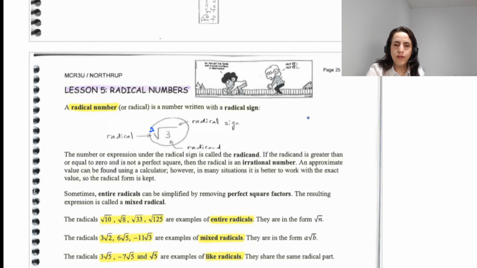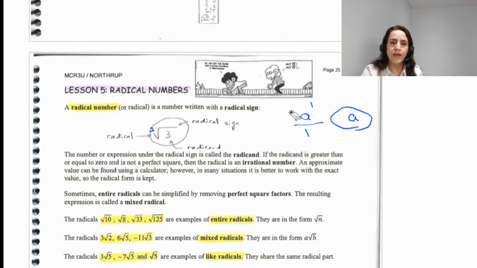Like when I'm talking about a number like a, when there is no exponent, everyone knows that the exponent is 1. If there is no denominator, everyone knows that the denominator is 1. No coefficient means 1. Then a by itself has exponent 1, coefficient 1, and denominator 1, and we are not writing any of these. Same thing for a radical.